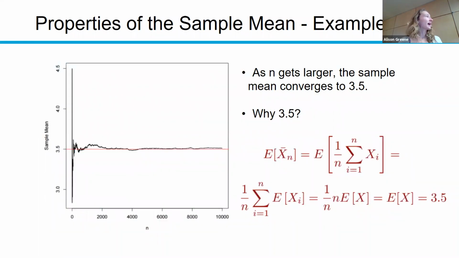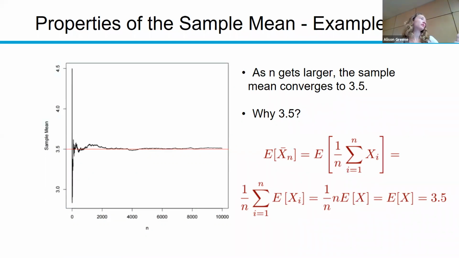So I provided this graph to illustrate this. You can ignore the math in here. But what this shows is a population of 10,000, and the true mean of whatever we're trying to estimate is 3.5. And we see that as our sample is really small, our estimate of the mean is really low or really high. It's very variable.